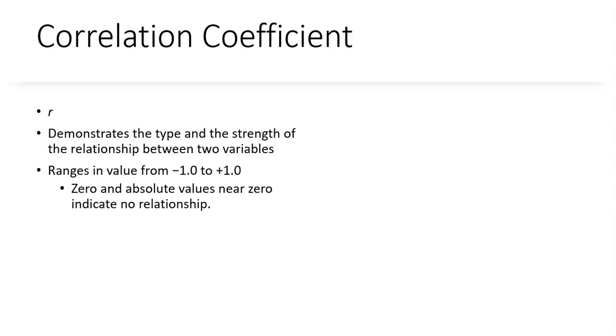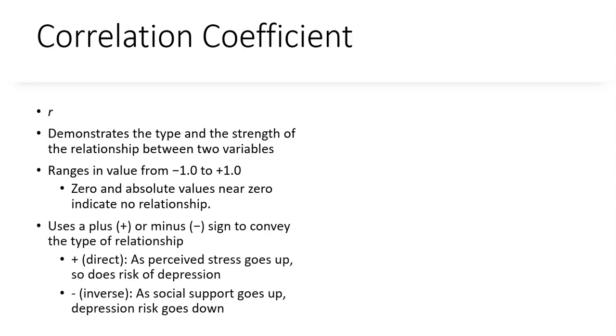0 correlations, so if you're tracking along the line between -1 and +1, 0 is in the middle. 0 means there's absolutely no relationship, that the variables are unrelated to one another. The plus or minus sign refers to the type of relationship. Sometimes positive correlations are referred to as direct relationships.